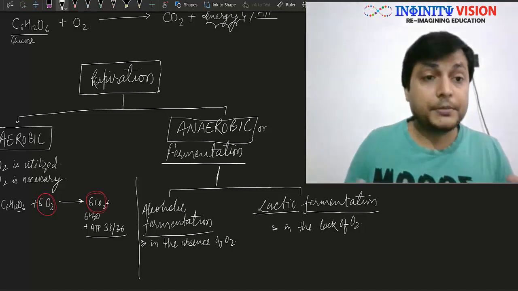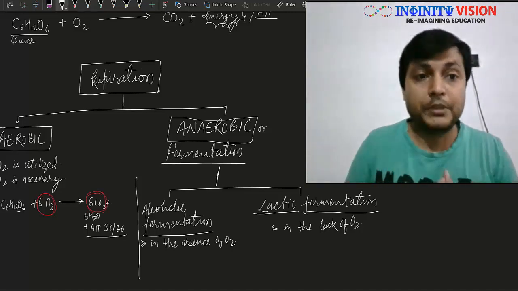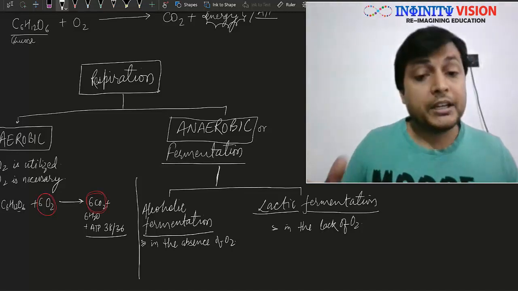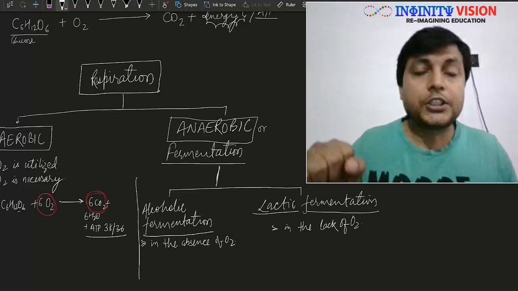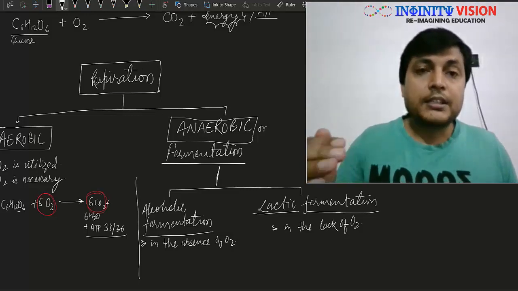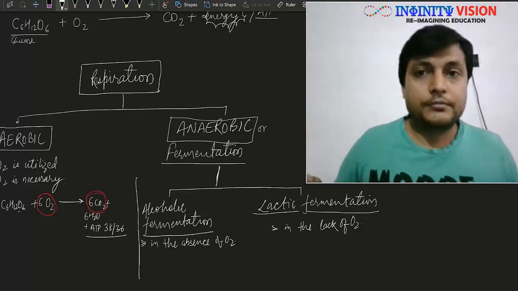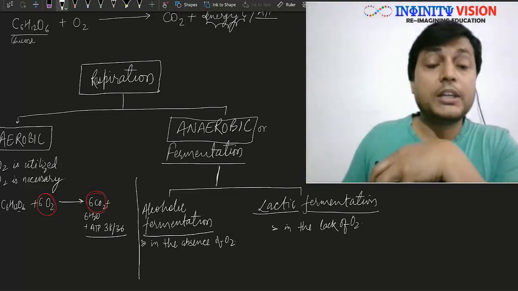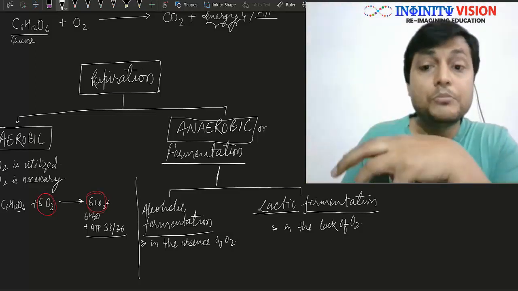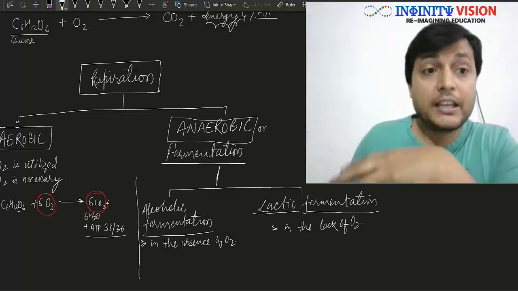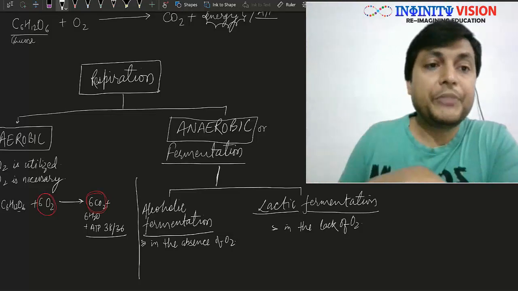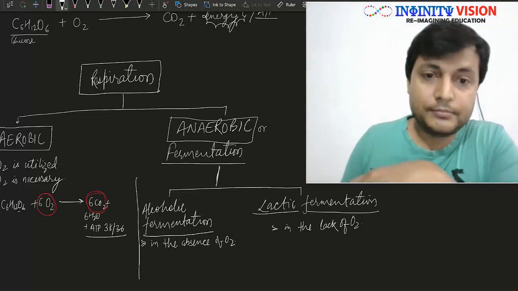So alcoholic fermentation always occurs in anaerobic conditions, where there is no oxygen. But lactic fermentation occurs when there is scarcity of oxygen. The cells which show lactic fermentation primarily do aerobic respiration, but if there is not enough oxygen, then they will do lactic fermentation.